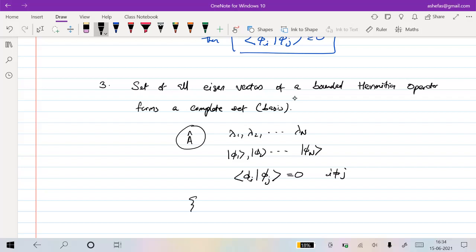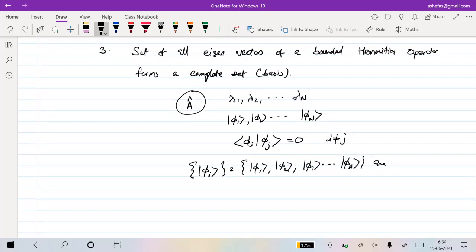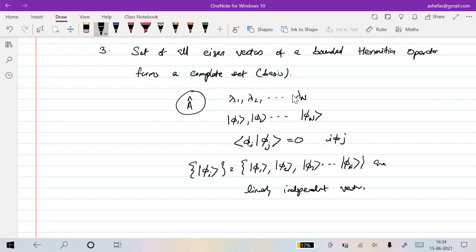So that means the set phi 1, phi 2, phi 3, etc. up to phi n are linearly independent vectors. Now the set of all linearly independent vectors forms a basis, and that forms a complete set.